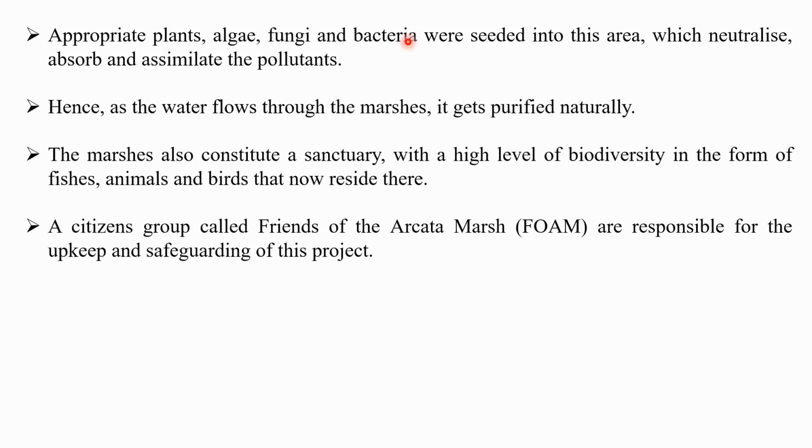So the fungus, bacteria or algae being used for this purpose are the ones that actually utilize these heavy metals for their metabolic activities, and therefore help in the improvement of the water quality. They may either absorb these pollutants, or neutralize them, or assimilate them.